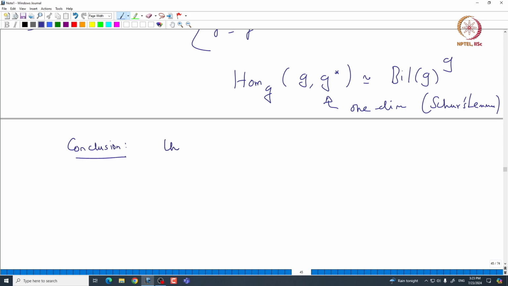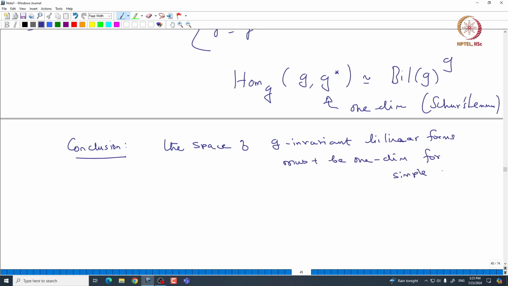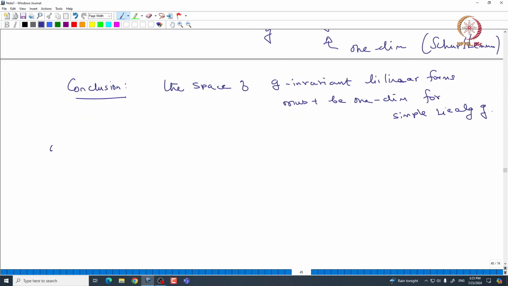The conclusion is that the space of G invariant bilinear forms must be one dimensional for simple Lie algebras G. In particular, one can take G to be SLN, and then the space of G invariant bilinear forms must be one dimensional for SLN.